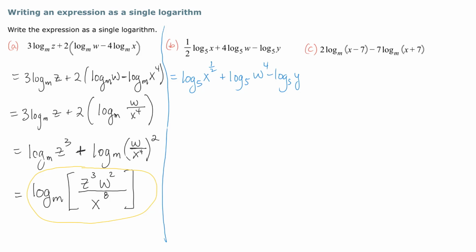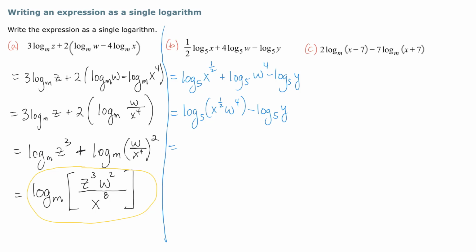Order of operations says we break ties by performing from left to right. So the first thing we're going to do is log base 5 of x to the 1/2 power times w to the 4th, minus log base 5 of y.